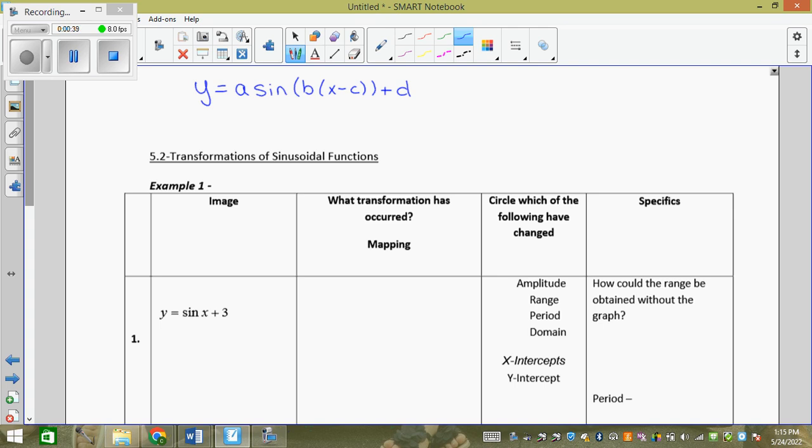The only difference in wording is they call this a horizontal phase shift instead of translation. And then you do all the rest the same. And then this they call a vertical displacement. Only in trig.